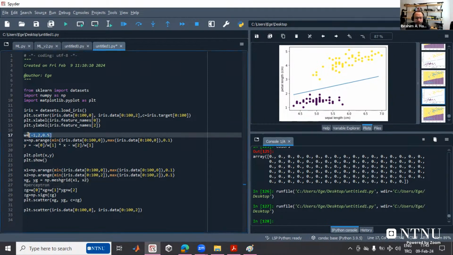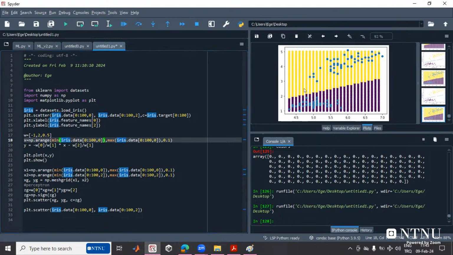You selected values from -1 to 0.5. Yes, manually selected these values. And then we have this chart also. I couldn't manage to change the colors, but this is kind of the diagram that you showed in the previous Perceptron part. So we have the decision line plotted in two ways.